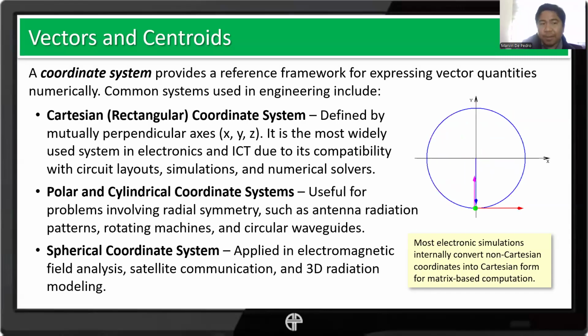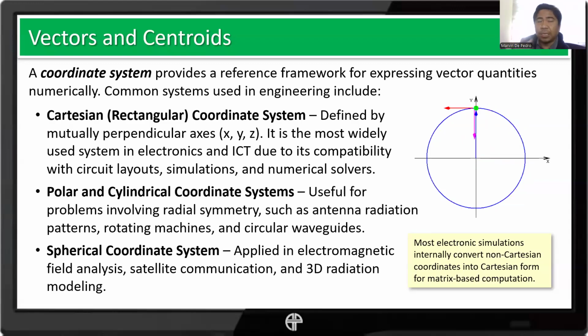Likewise, we have the spherical coordinate system, which is applied in electromagnetic field analysis, satellite communications, and 3D radiation modeling. Okay, because we have to take note that most electronic simulations internally convert non-Cartesian coordinates into Cartesian form for matrix-based computation.